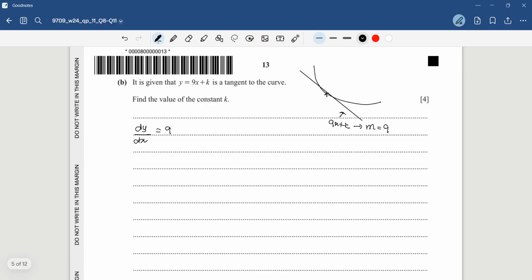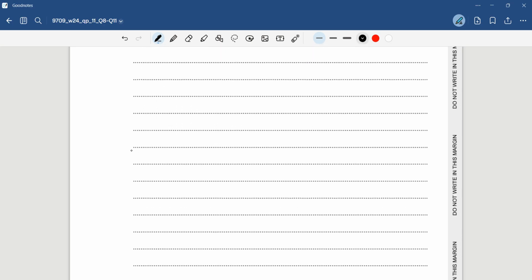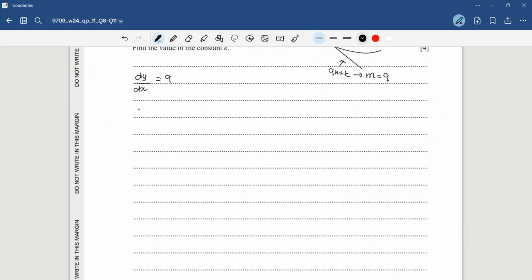Okay. So just now my derivative here is negative 9x squared plus 12x plus 5, which is equivalent to 9.